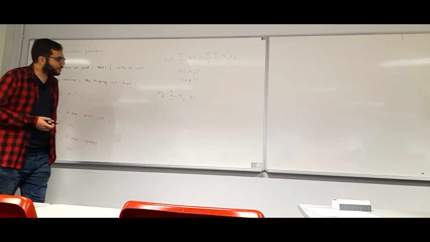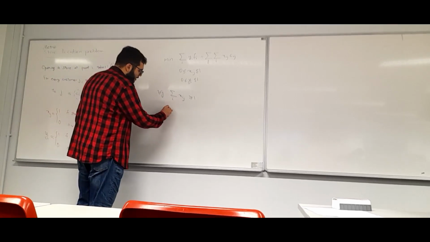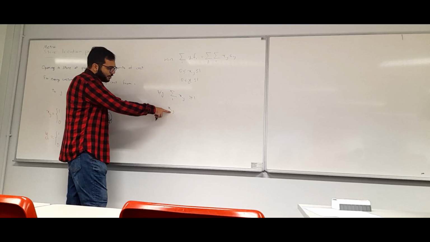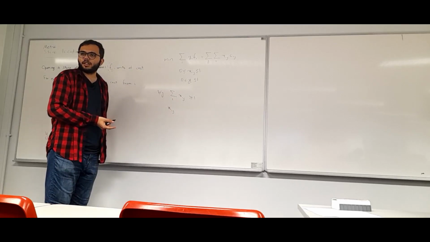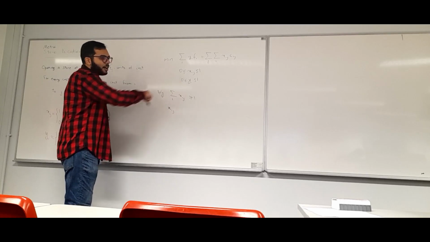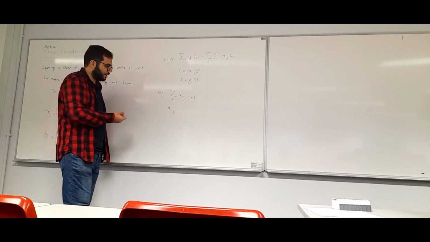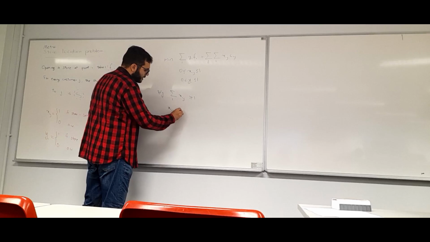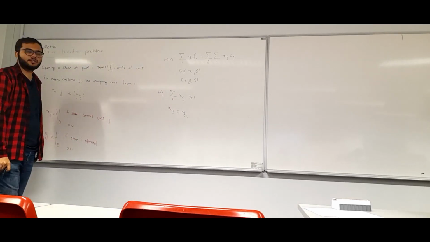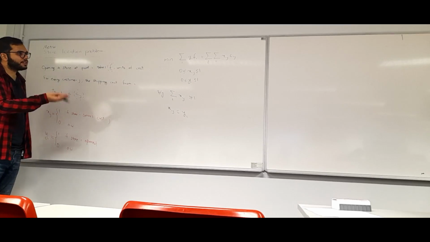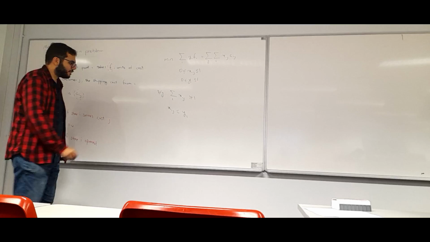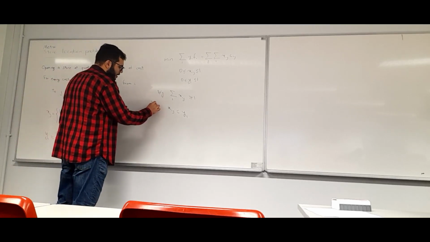So if xij is 1, that means that store i is actually serving someone. So if xij is 1, then yi should also be 1. Or in other words, xij should be less than or equal to yi. Because again, we're only working with 0 and 1 here, so that's all. And this is again for every i and j.